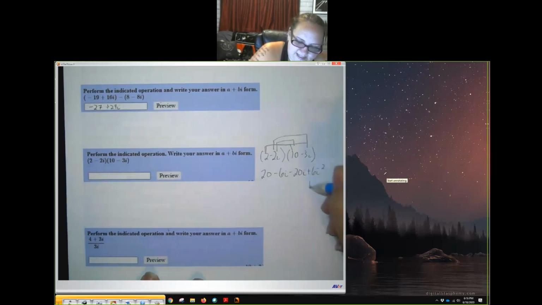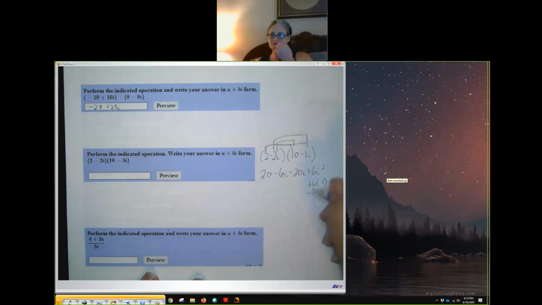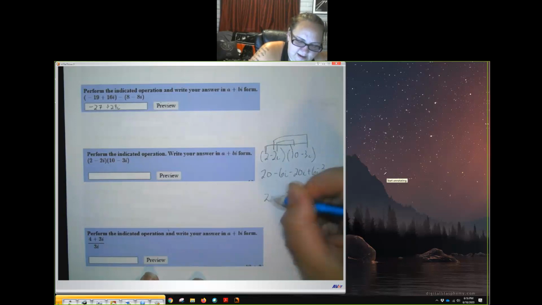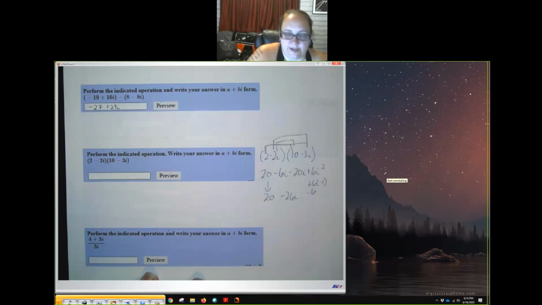So this would be 6 times negative 1. And that's going to be a negative 6. And now here, a negative 6i and a negative 20i are going to be a negative 26i. So then we're still combining. 20 minus 6 would be 14.